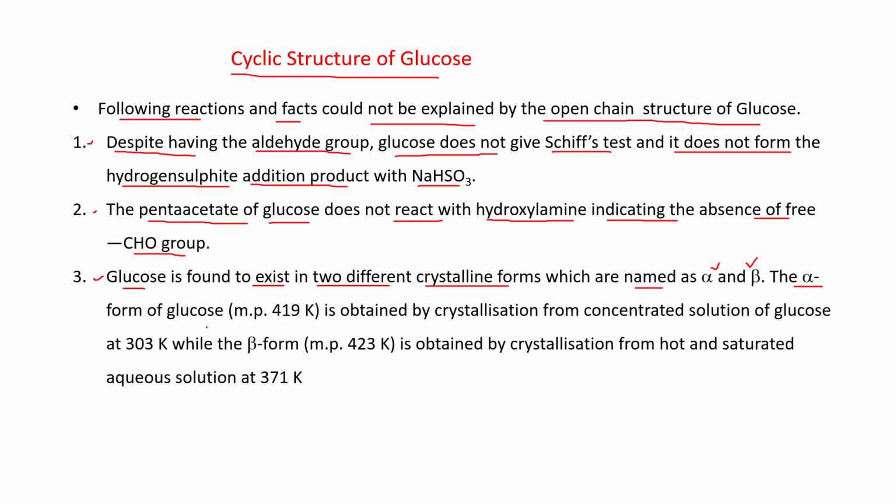The alpha form of glucose, with melting point 419 Kelvin, is obtained by crystallization from concentrated solution of glucose at 303 Kelvin, while the beta form, with melting point 423 Kelvin, is obtained by crystallization from hot and saturated aqueous solution at 371 Kelvin.